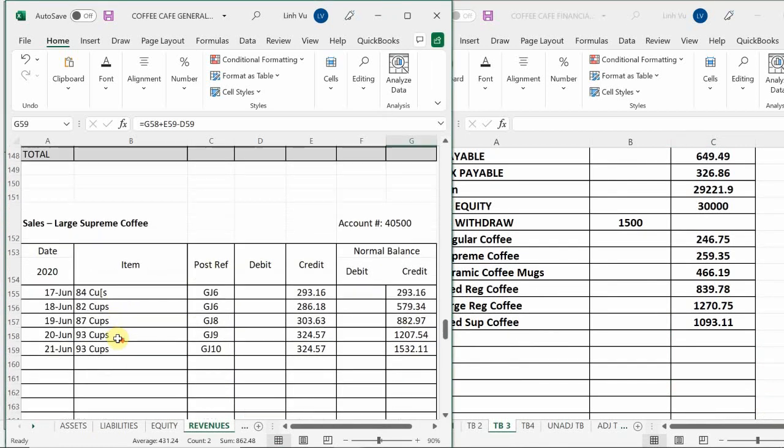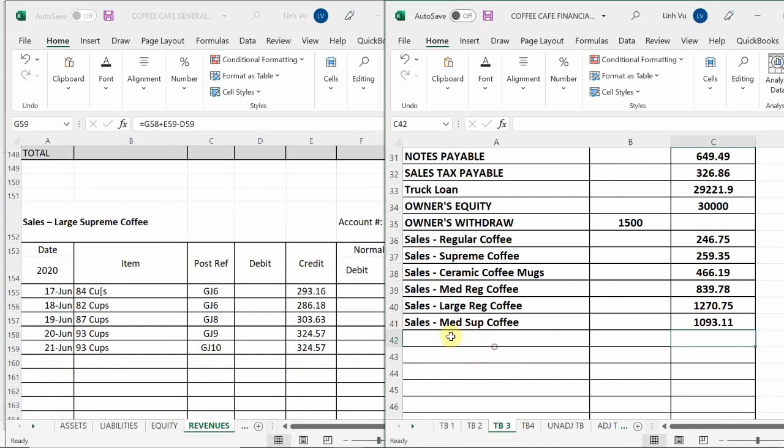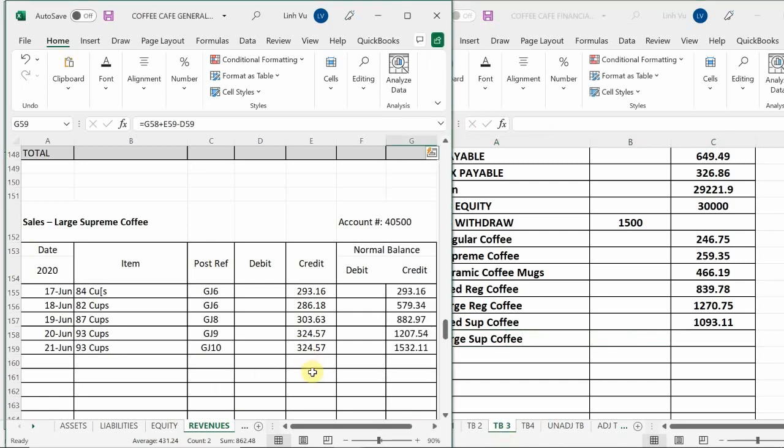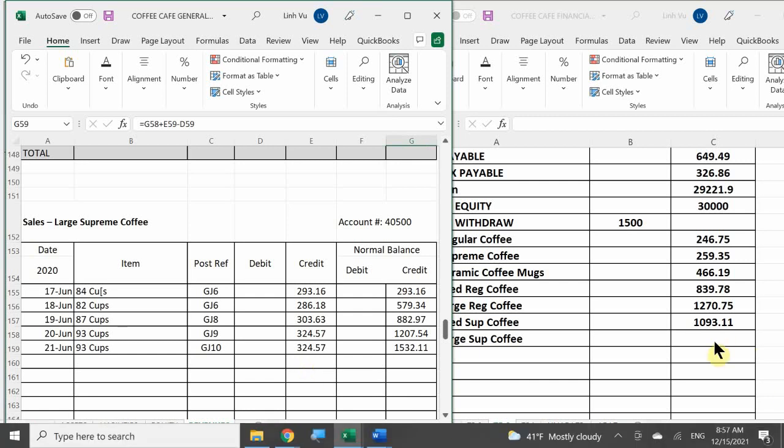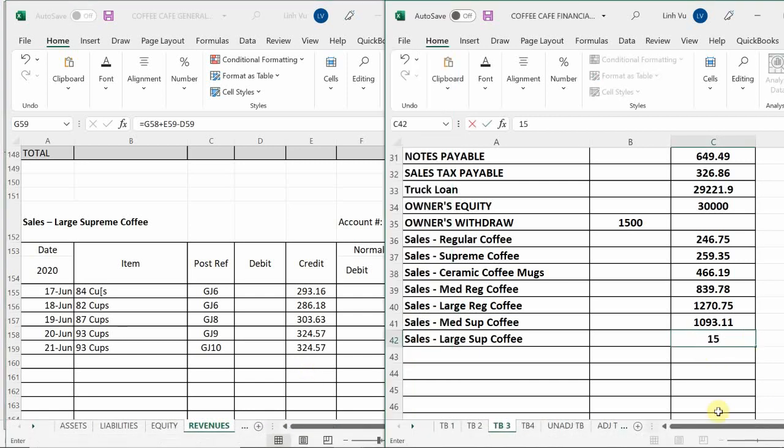Then we have some sales large supreme coffee. Okay, how much is that? 1,532.11. Okay.